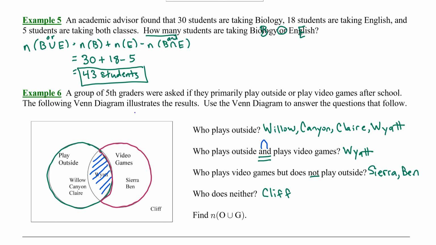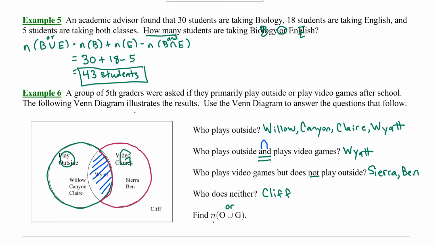The next question involves a cardinal number. It says, find the cardinal number of O union G. Now, keep in mind, O, I am abbreviating the play outside circle. So the circle on the left is circle O, and G represents the video game circle. So I'm looking for the number of students in the O or the G circle. So they can be within the O boundary, they can be within the G boundary, or they can be in the intersection.